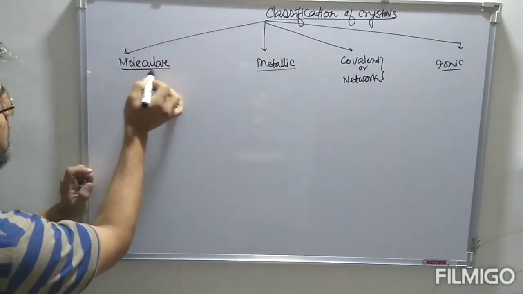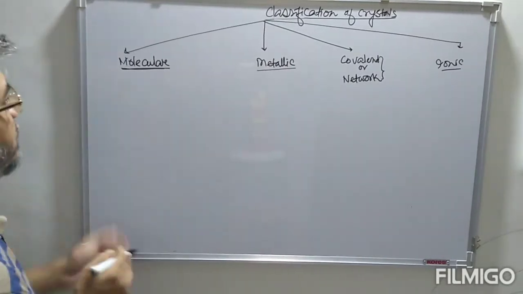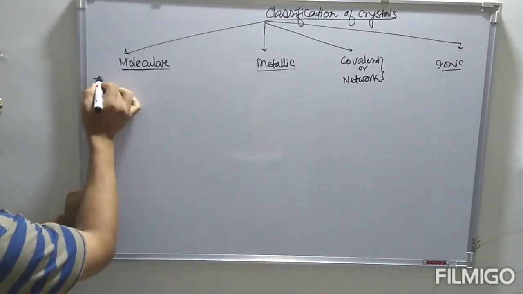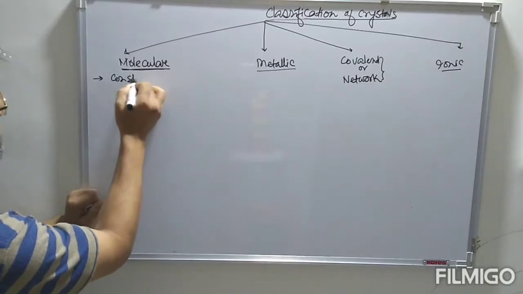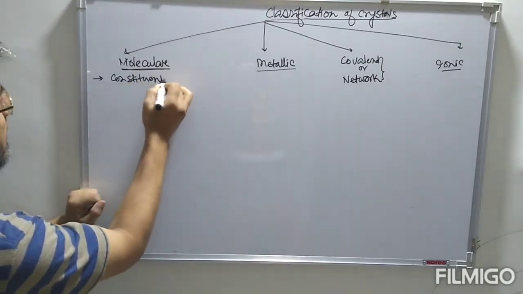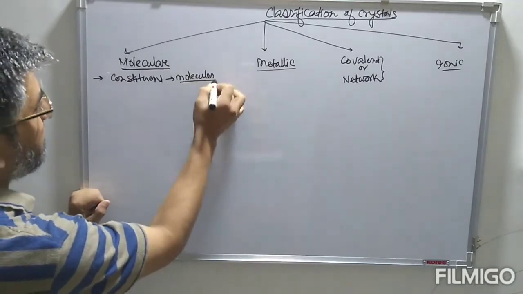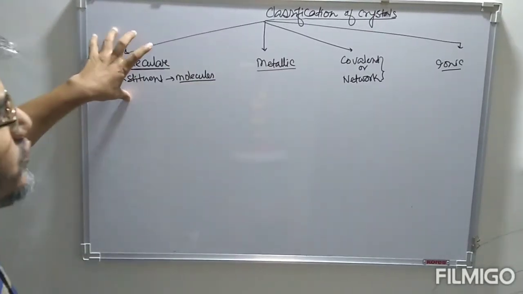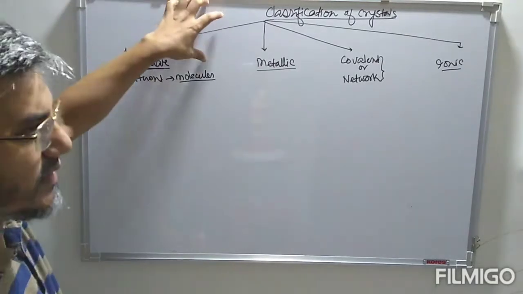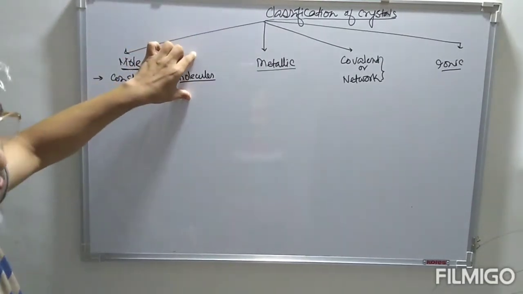Now these molecular crystalline solids, the basic constituents are molecules. That means the constituent unit of molecular crystalline solids are molecules.